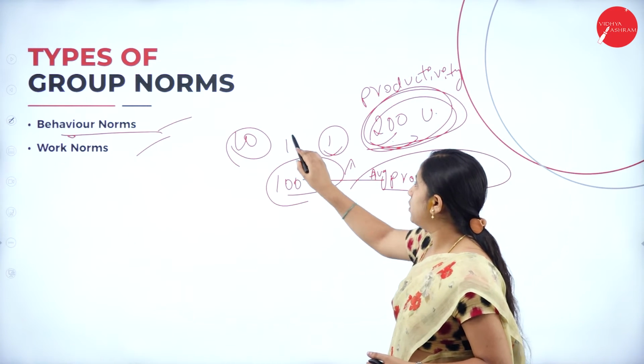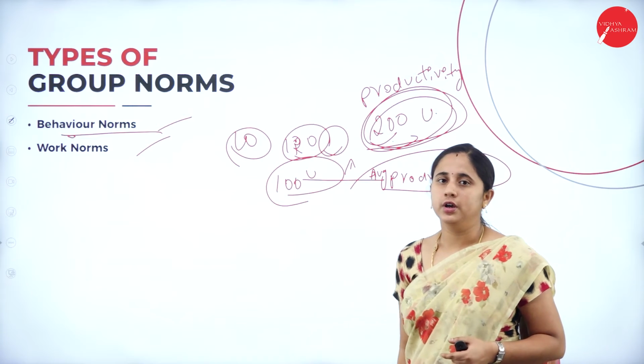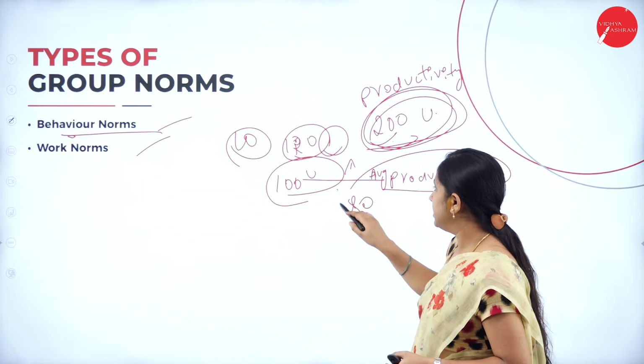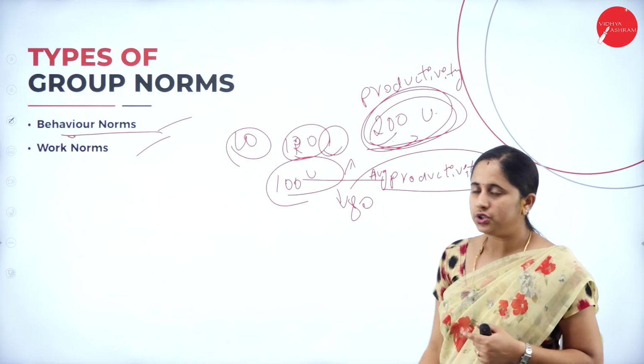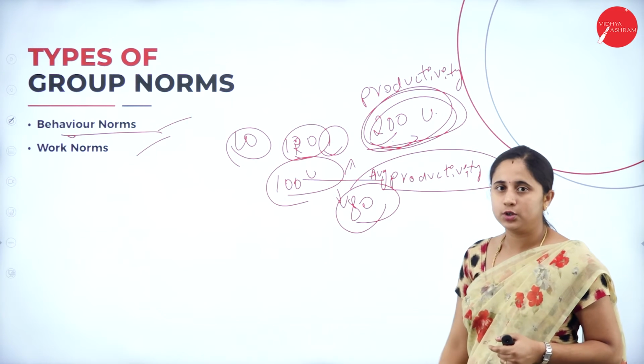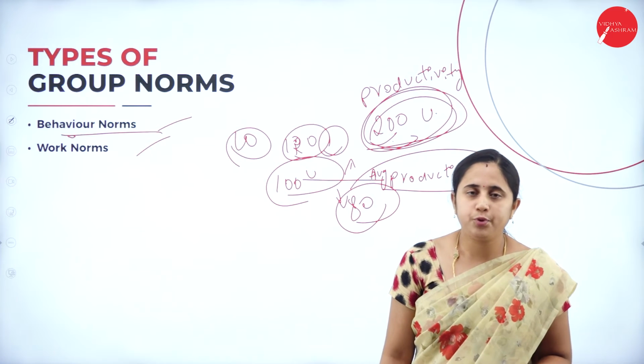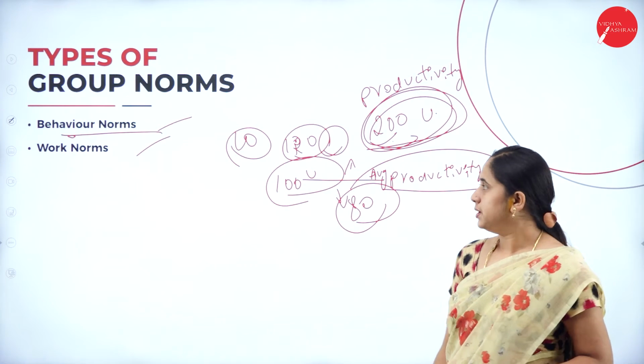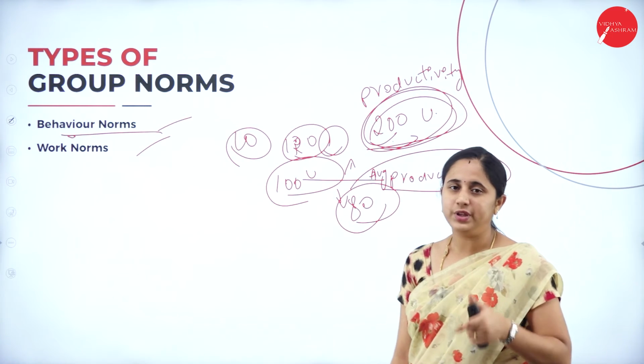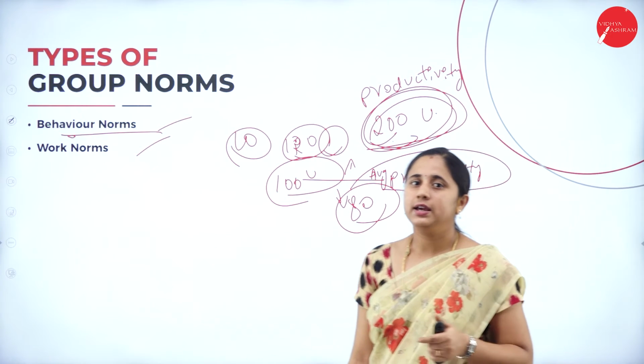If you are producing 120, it is good. If you are producing 80, it's below average, so you will concentrate on this group member and motivate them. You will try to improve the individual performance. So that is work norms, the individual productivity in the group.